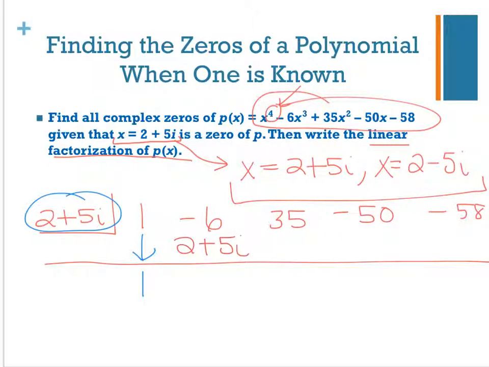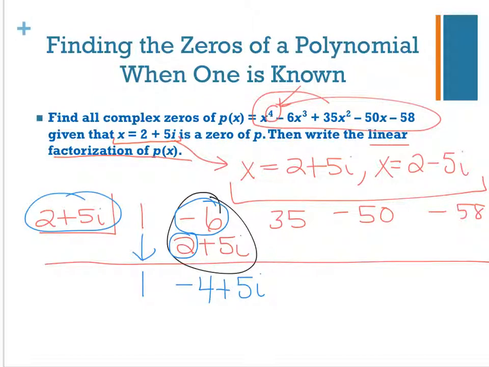Now, when I add this column here, I have to combine like terms. And the i part of the term cannot be combined with either the -6 or the 2. So I'm going to combine the real numbers, -6 and 2, which gives me a -4. And since the 5i cannot be combined with anything else, I'm just going to carry that down.